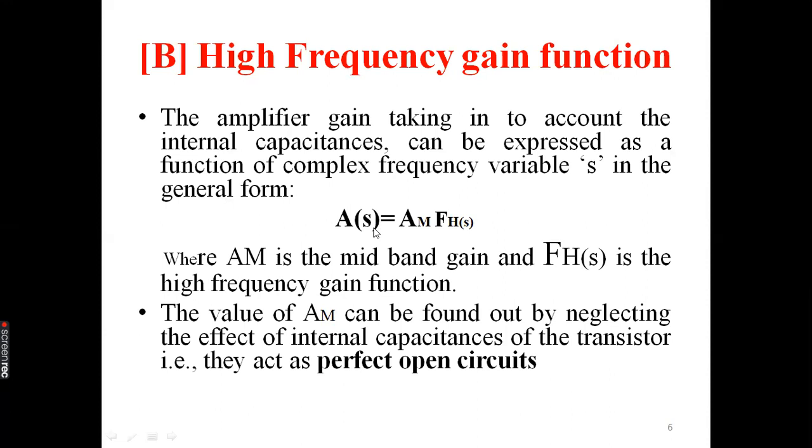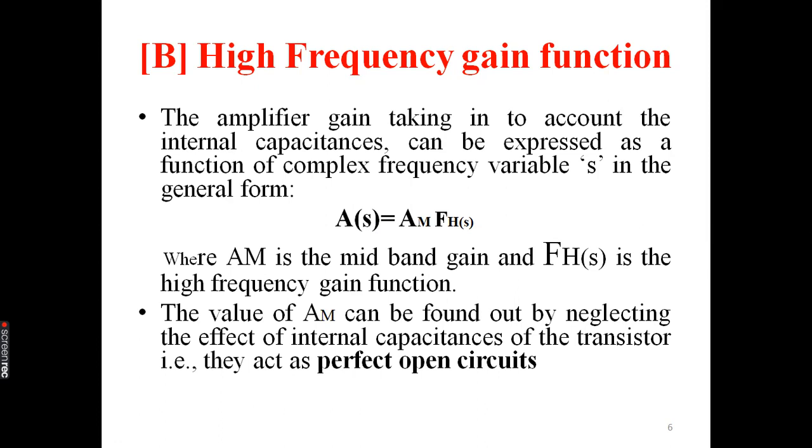So we know that if you take any amplifier, even though it is a direct coupled amplifier or a capacitive coupling amplifier, still we are experiencing a non-uniform gain. Till FH we are having constant gain, and thereafter we are experiencing a drastic reduction in the gain.